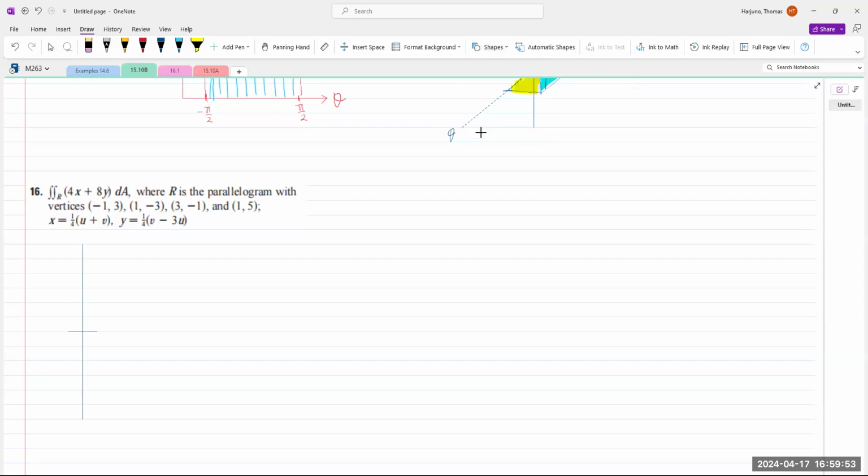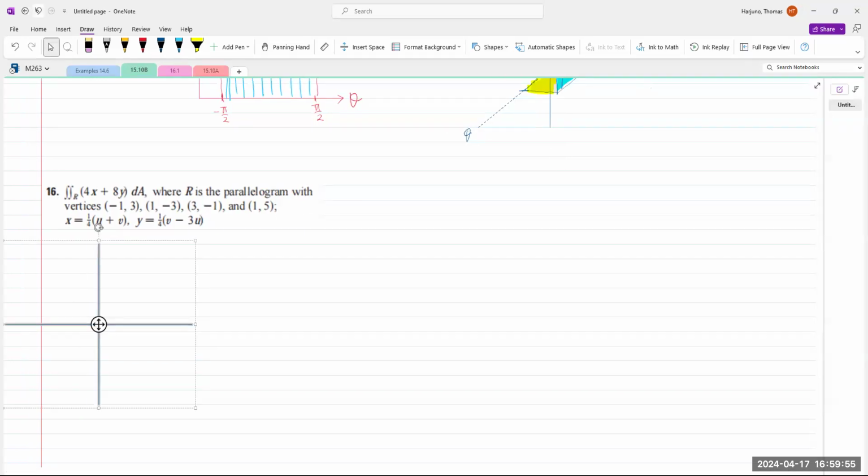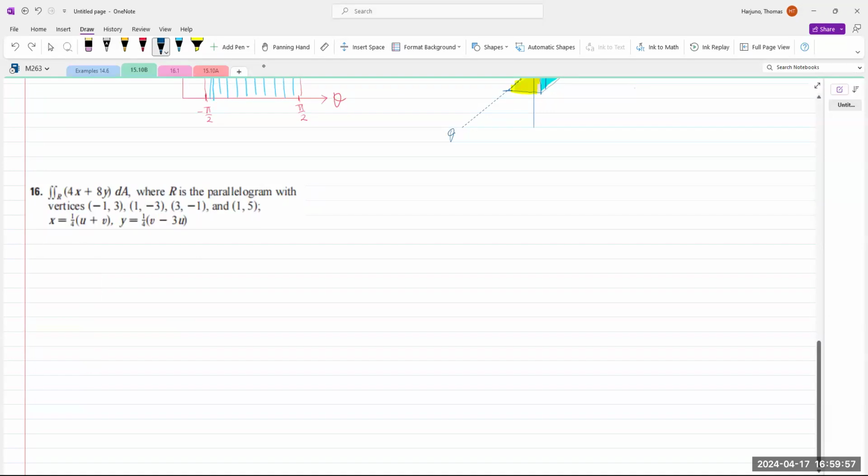Let me try to sketch that first. The domain is a parallelogram with vertices negative 1, 3; 1, negative 3; 3, negative 1; and 1, 5.